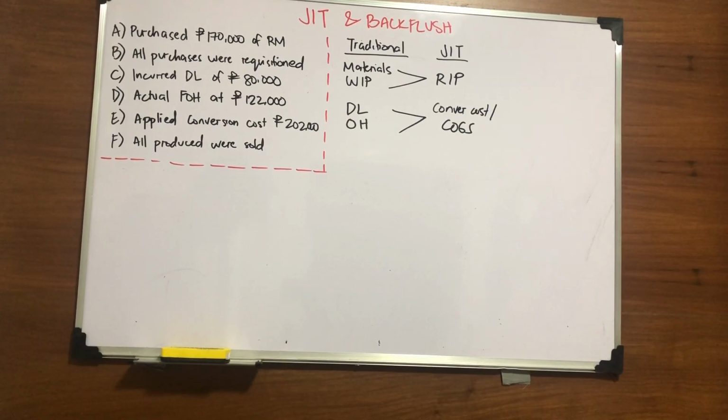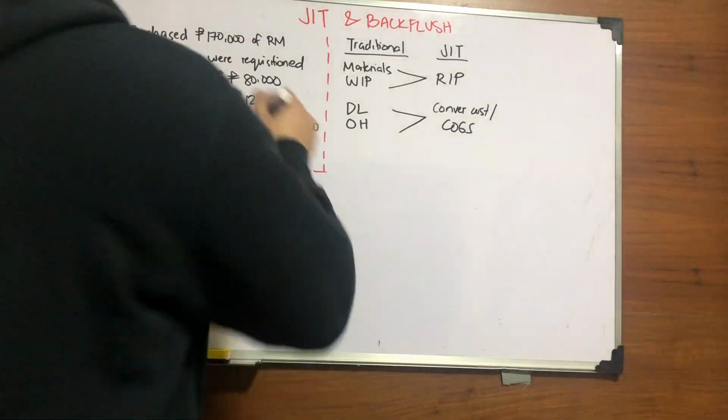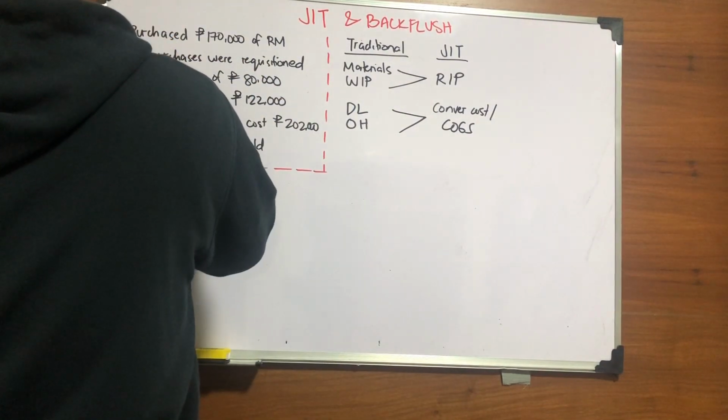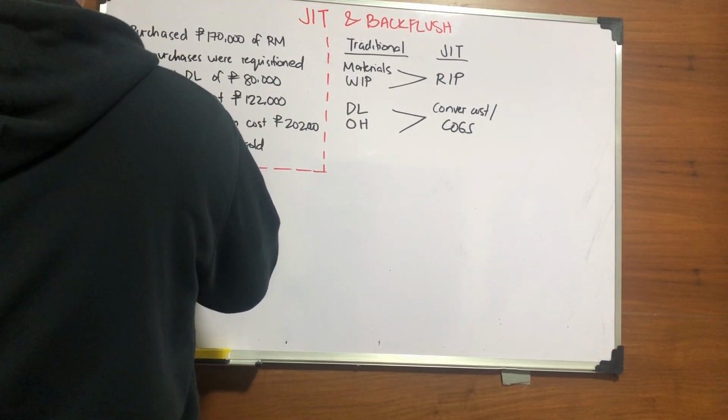No separate entry is made for transaction C because direct labor is combined with factory overhead and may be debited first to conversion cost or may be debited directly to cost of goods sold. So again, B, C, and E would be eliminated.